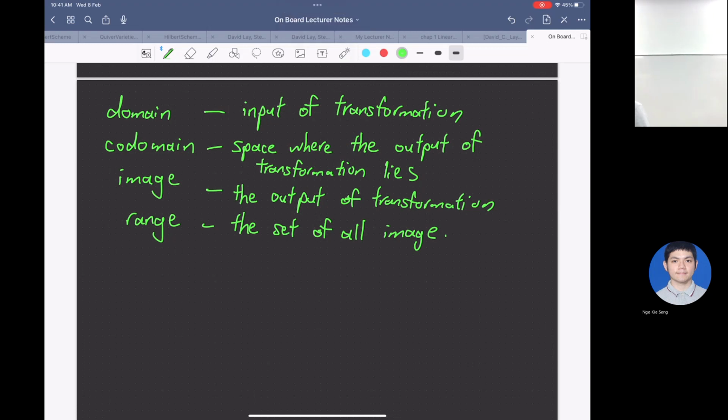Image is just an output of the transformation, and range is the set of all images. Your transformation needs to tell me where everything in the domain is sent.